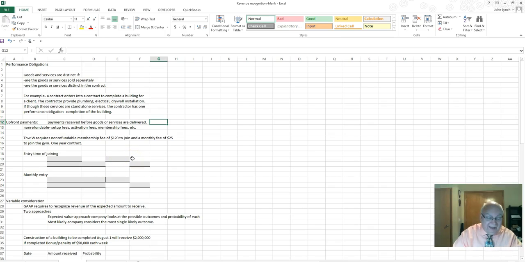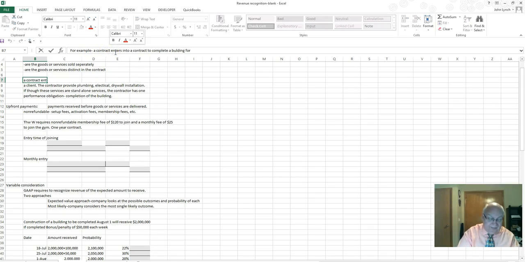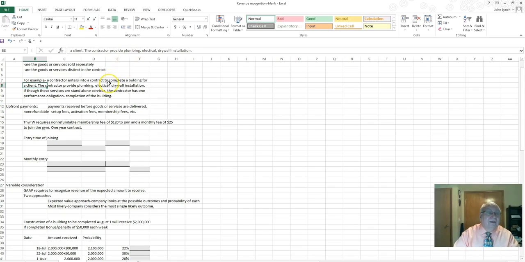Okay, performance obligations is what we're going to cover next. Goods and services are distinct if the goods and services are sold separately, and are the goods and services distinct in the contract. For example, a contractor enters into a contract to complete a building for a client.